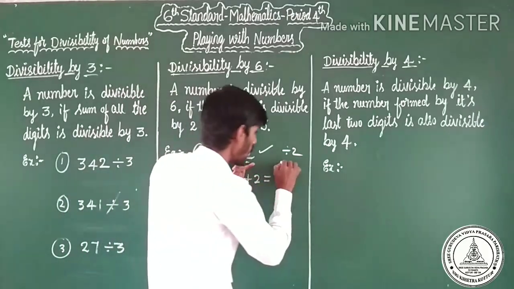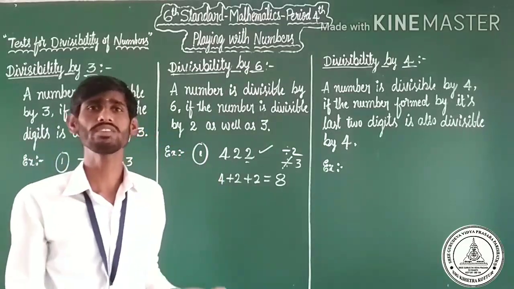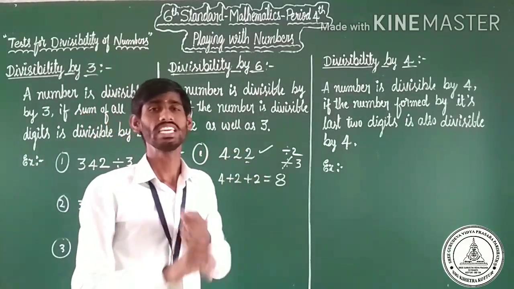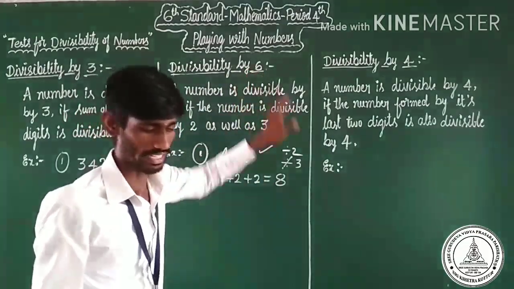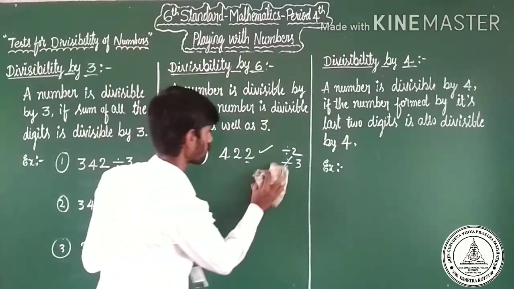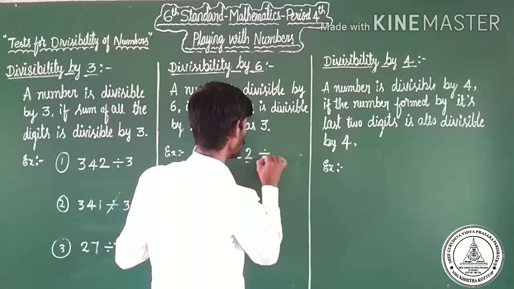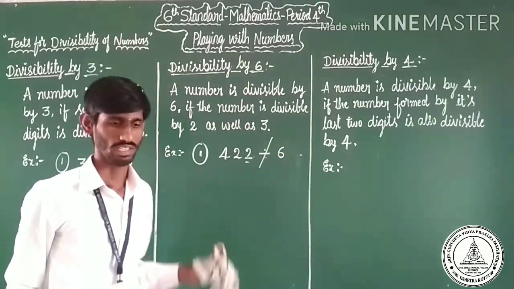So that's why you may decide the given number 422 is not divisible by 6. Okay, Choto, let us take one more example. So finally we conclude that 422 is not divisible by 6.